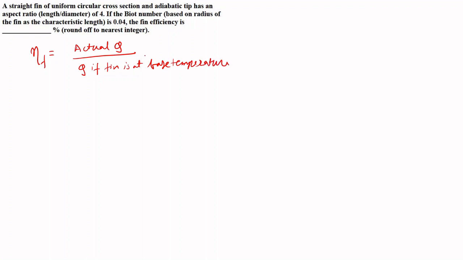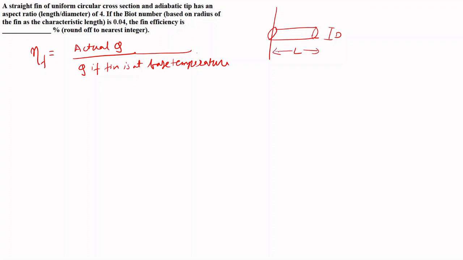In this question, we have been given a straight fin of uniform circular cross section, so we basically have a cylindrical fin. Let's consider that the diameter of that fin is D and the length is L.